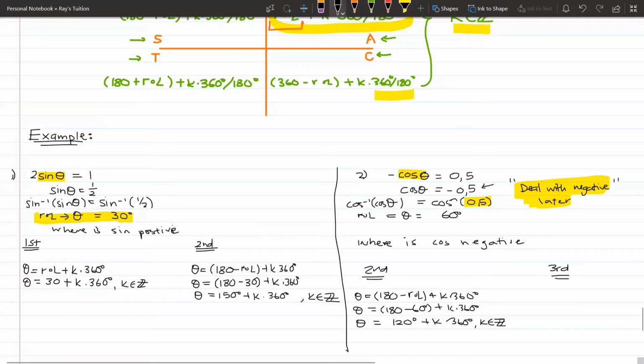And then the second one is theta equal to 180 plus your reference angle, because that's the general formula for the third quadrant. So this is 180 plus 60 plus k times 360. So we get 240 plus k times 360, and that is our second general solution, where k is an element of integers.